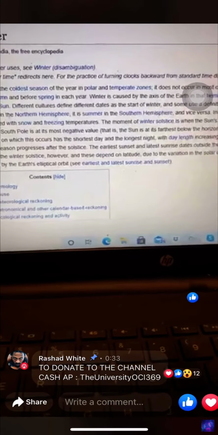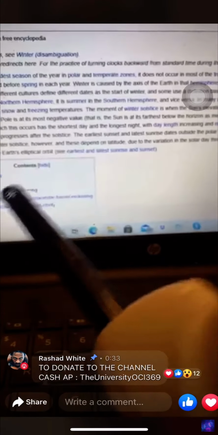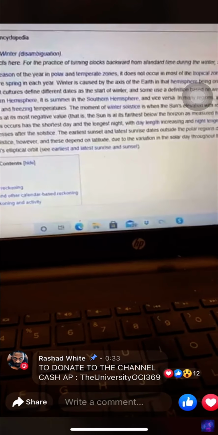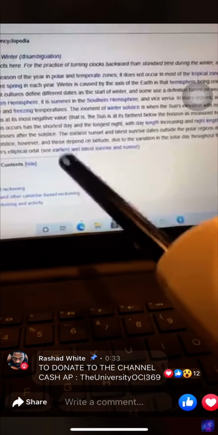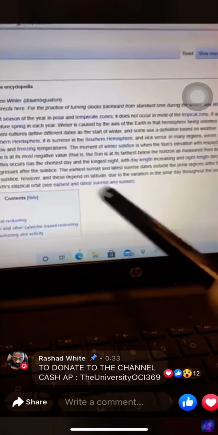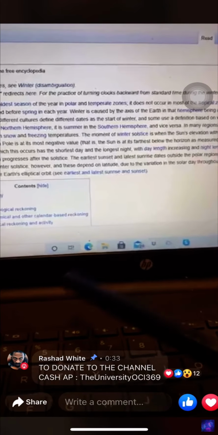When it is winter in the northern hemisphere, it is summer in the southern hemisphere, and vice versa, like I just told y'all. In many regions, winter is associated with snow and freezing temperatures. All right? The moment of winter solstice is when the sun's elevation with respect to the north or south pole is at its most negative value. That is, the sun is at its farthest below the horizon as measured from the pole. The day on which this occurs has the shortest day and the longest night. All right?